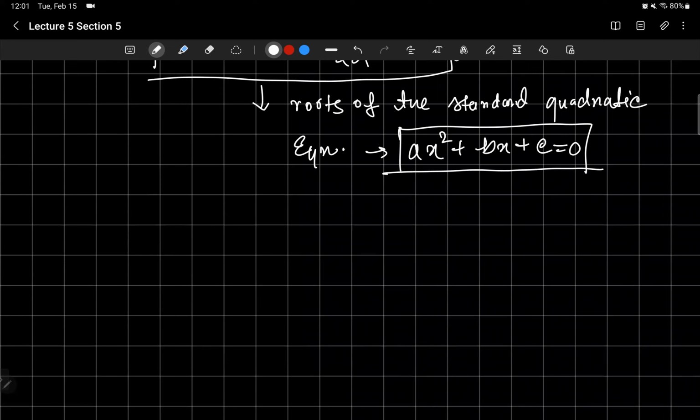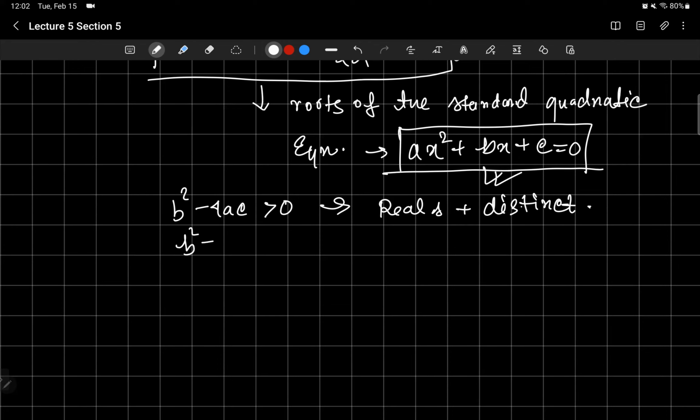For example, if you have b square minus 4ac, just by looking at the equation you can tell what kind of roots it will have. If b square minus 4ac is greater than 0, in that case your roots will be real and distinct. If your b square minus 4ac is equal to 0, this means they're real plus they're equal to each other.